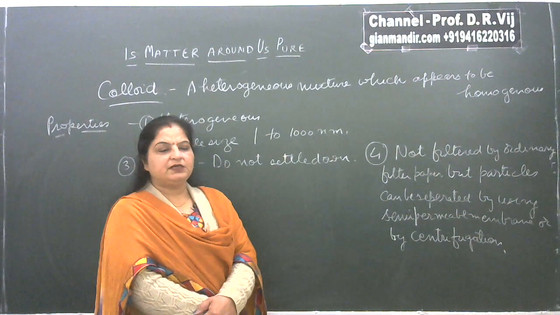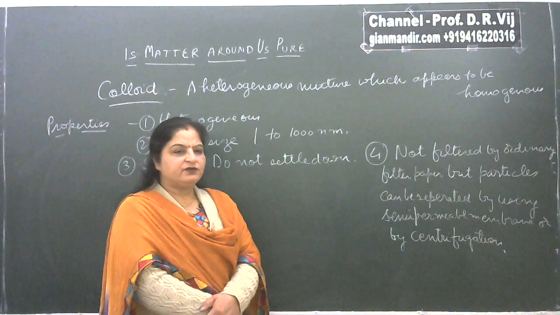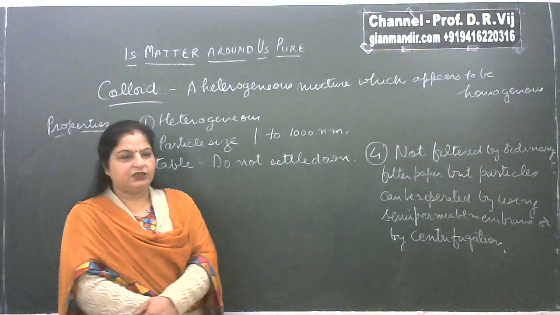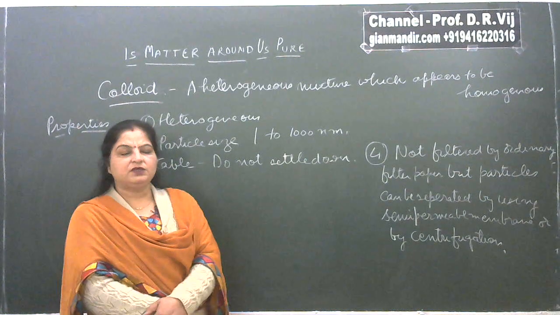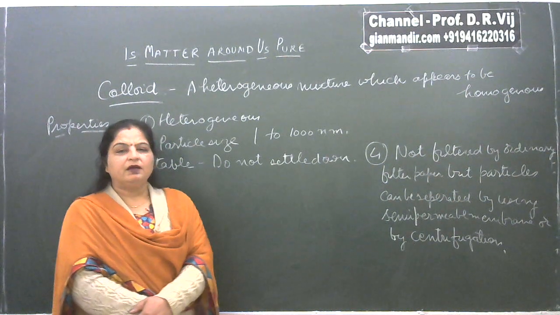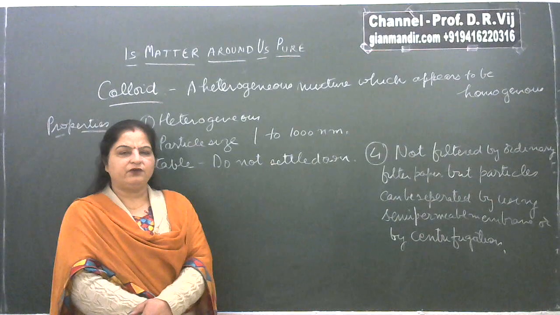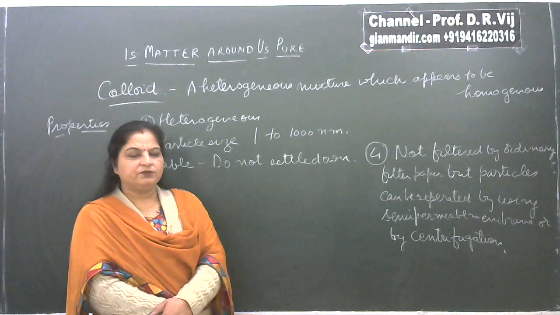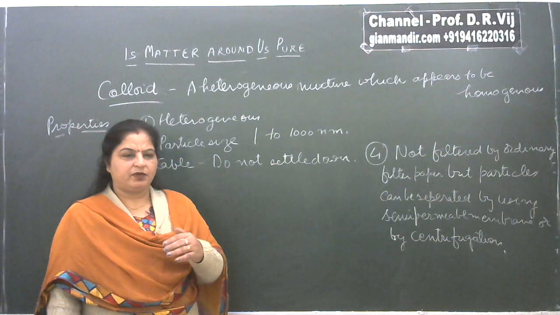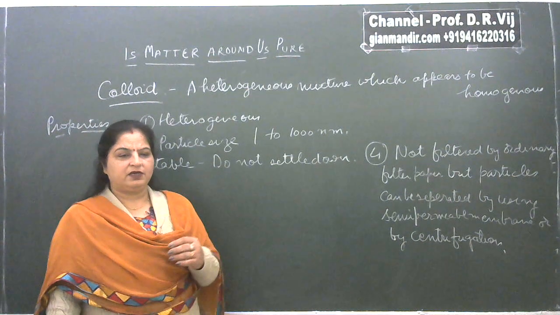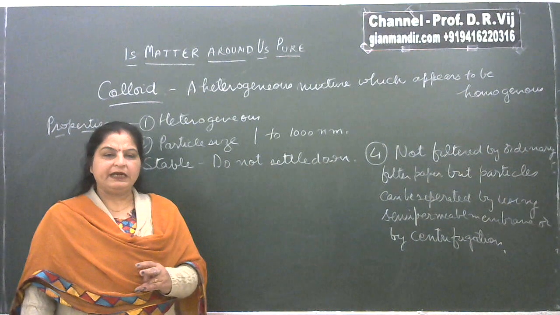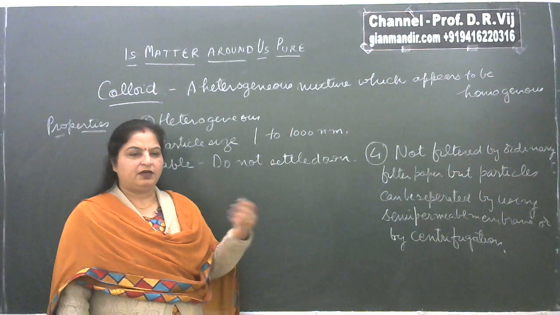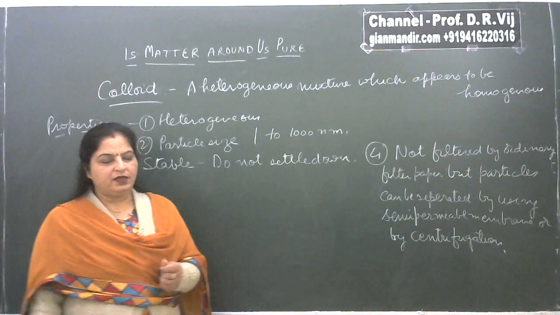So what is centrifugation? The details of centrifugation we'll be discussing in later lectures, but right now we can say it is a process in which a mixture is made to rotate at a very high speed so that the heavier particles settle down at the bottom and the lighter particles come to the surface. In our daily life also we use this phenomenon of centrifugation at a number of places that we'll be discussing later on.